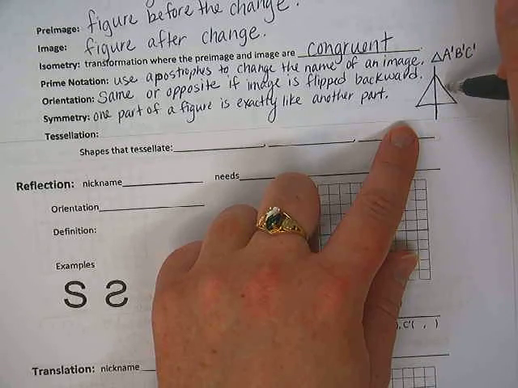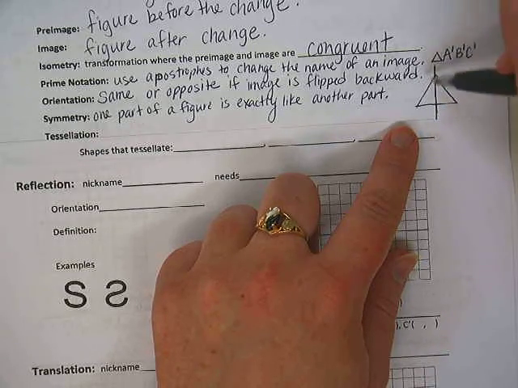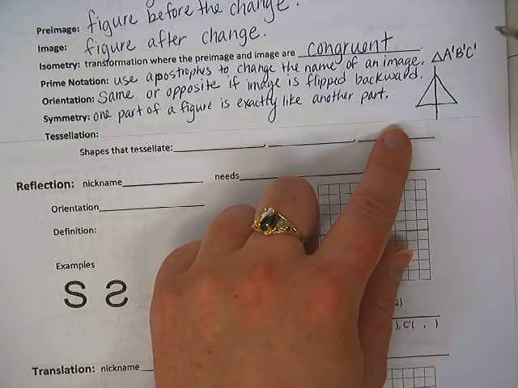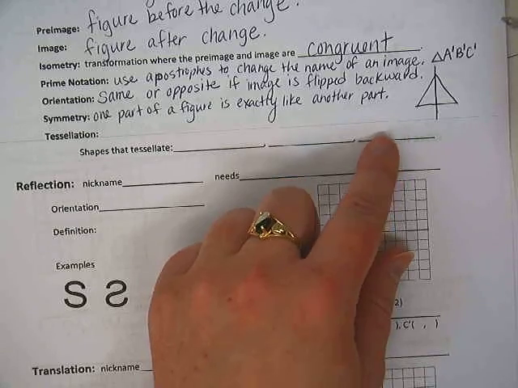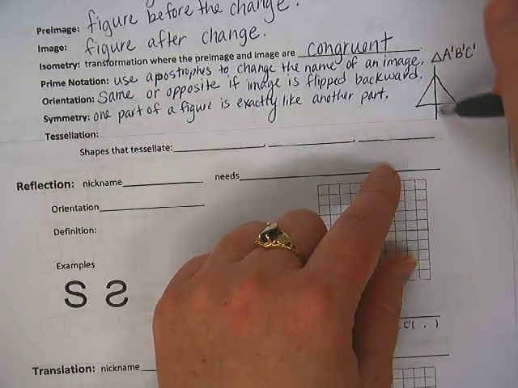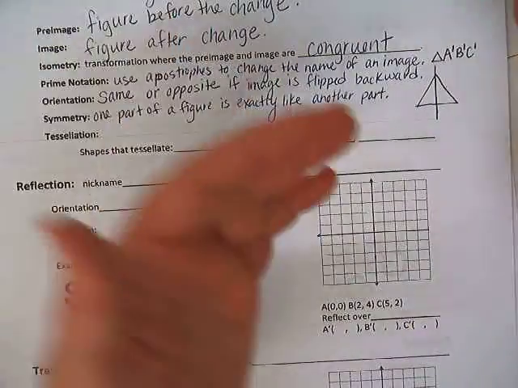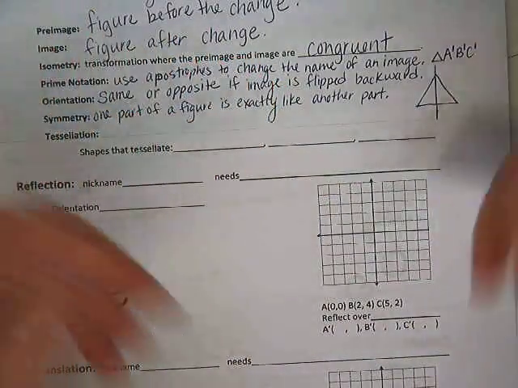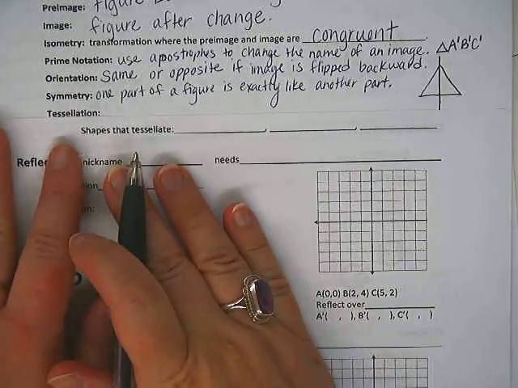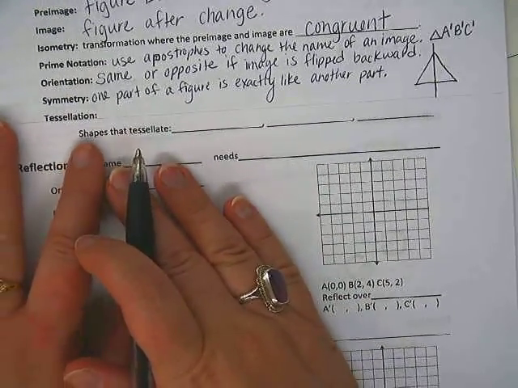If we draw a line down the middle of it, notice how each side of it is identical to the other side. That's called symmetry, and this line that I drew down the middle is the line of symmetry. But symmetry is not always just a line. Sometimes symmetry has to do with a picture being rotated and repeated that way. Symmetry does not have to just be where it's the same on both sides of a line. It can be any of the things we're going to talk about today.